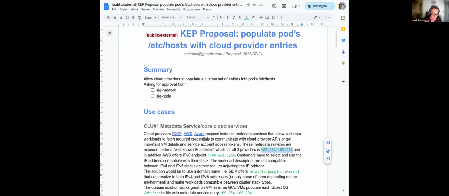That's why some providers have a domain name for this. So, for example, Google has metadata Google internal. I couldn't find the same domain name for the other cloud providers. The case is that this is usually used for the workloads bootstrap to get the service accounts, to get the privileges, the very important metadata that is needed right away.